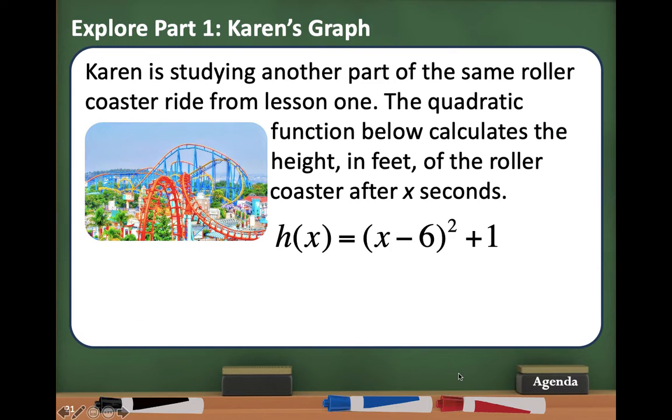Cool. So if you want to pull up the handout, or you can do it in your notebook, it says Karen is studying another part of the same roller coaster ride from lesson 1. The quadratic function below can calculate the height in feet of the roller coaster after X seconds, just like before. Okay, so it's quadratic.